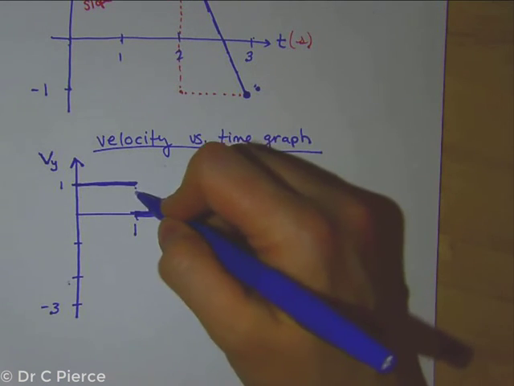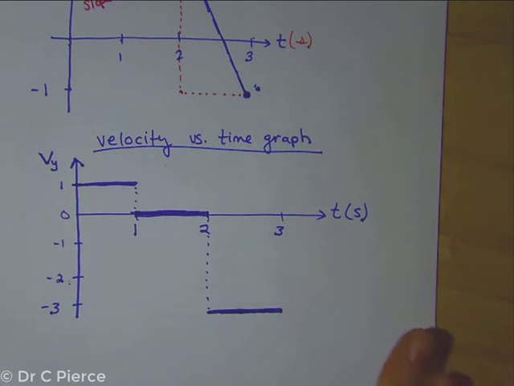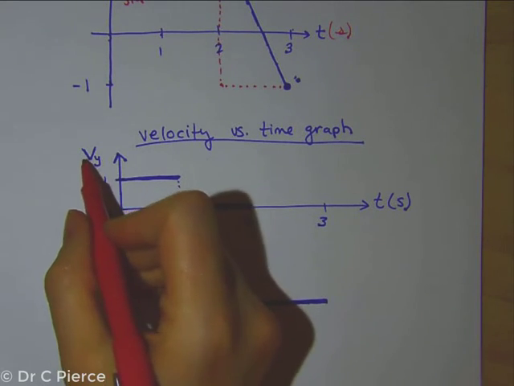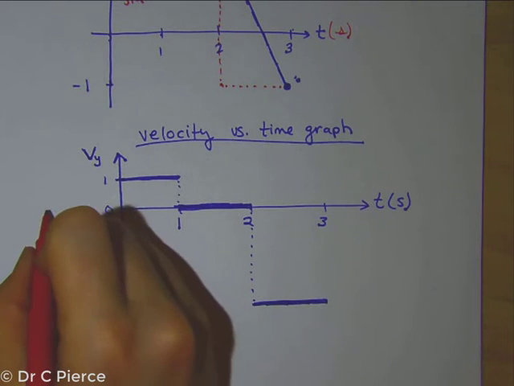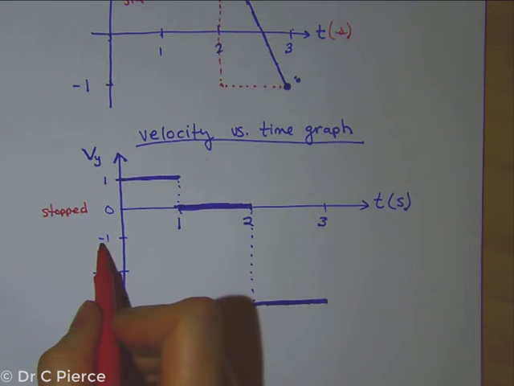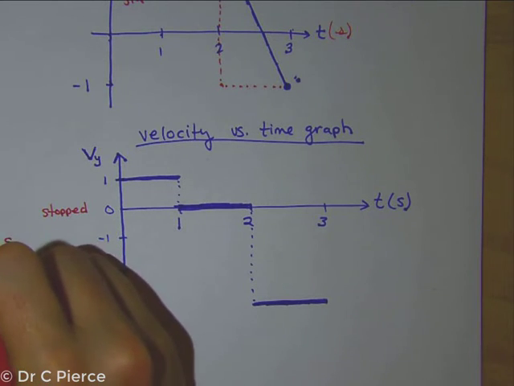If you want, you can connect these with little dashed lines, meaning an instantaneous change. But when you look at a graph like this, it can be kind of confusing at first. So just think of it this way. Velocity of 0 means stopped. And then if you had a velocity of, let's say, -1, it means you were going kind of slow in the negative direction.